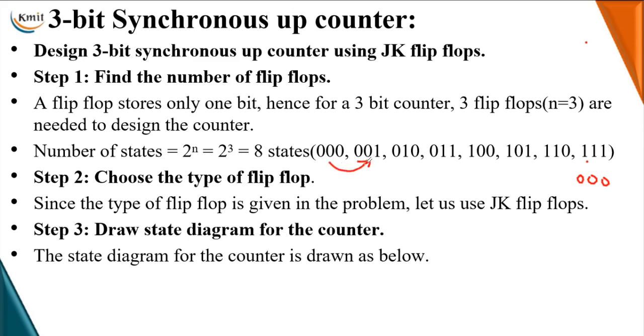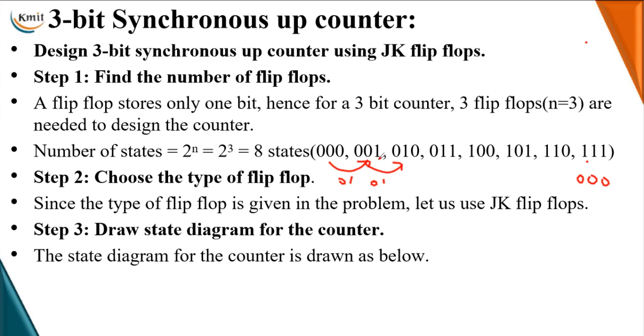If the present state is 1, next state is 2. If I observe the successive state difference, it is 1 between the successive states. Hence, upon giving the clock pulse, the previous state is incremented by logic 1. Hence, it is known as an up counter.